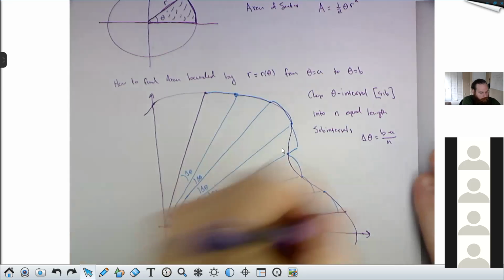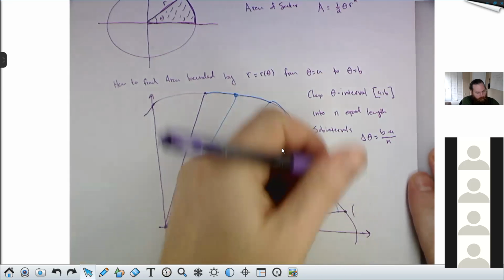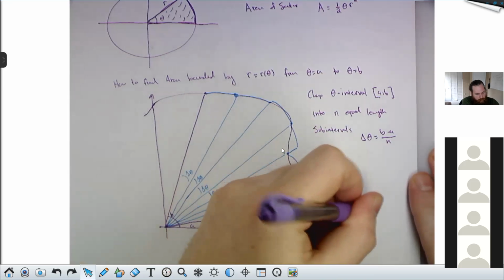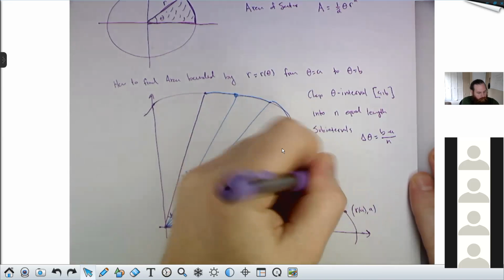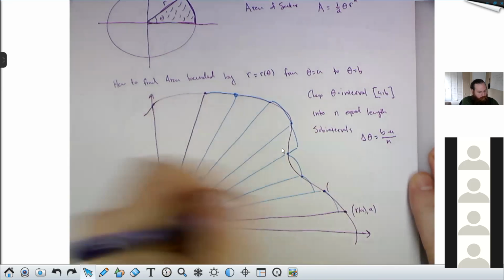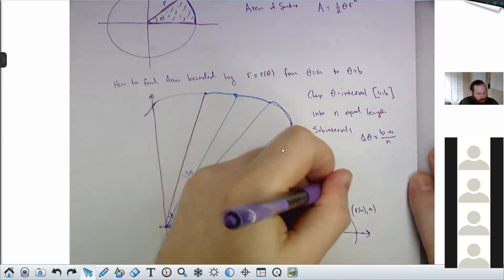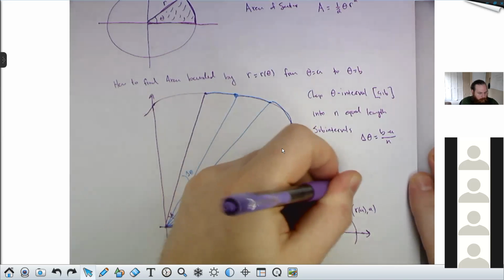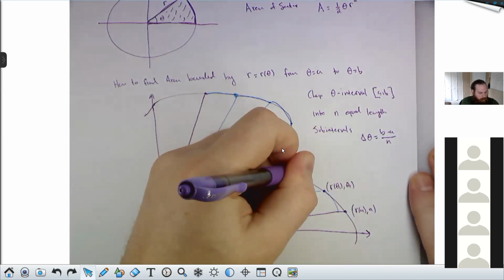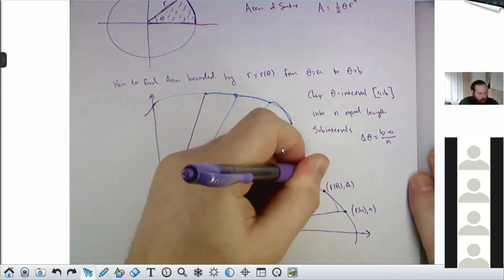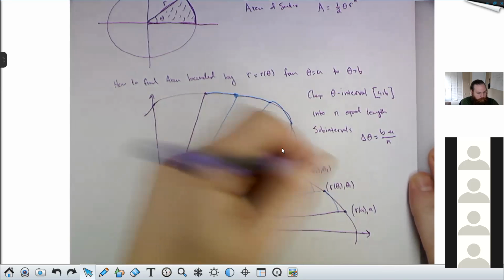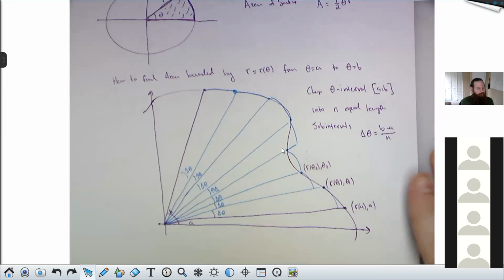The polar coordinates for the point down here are always r comma theta. So this is r of a comma a. This would be r of theta 1, comma theta 1. This would be r of theta 2, comma theta 2, and so on.